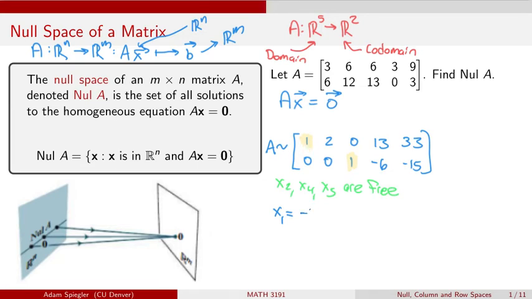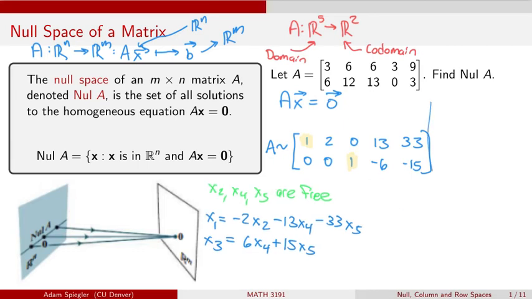That means this would look like minus 2 times x2 minus 13 times x4 minus 33 times x5. And we can solve for x3. We have a pivot in the third column, and this would look like 6x4 plus 15x5. So this would be our solution set.